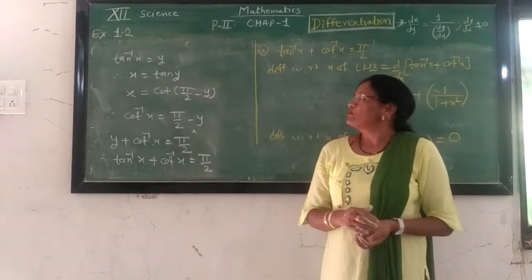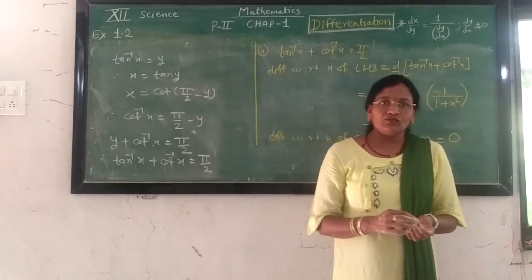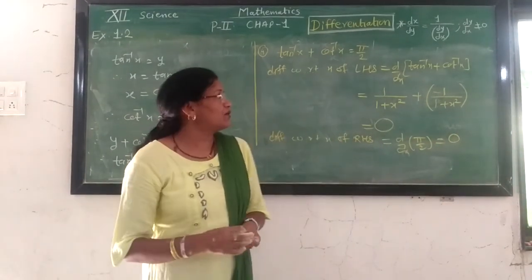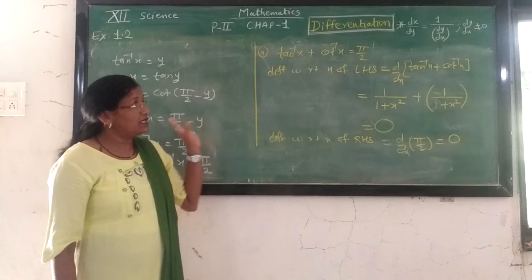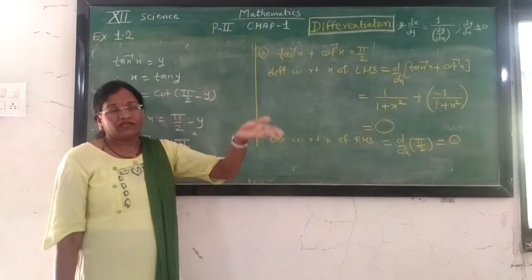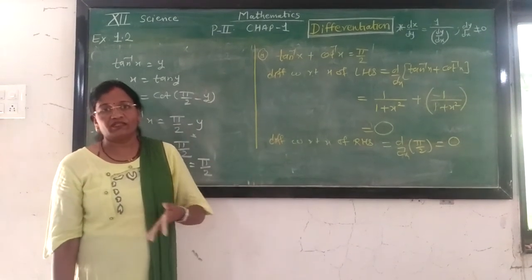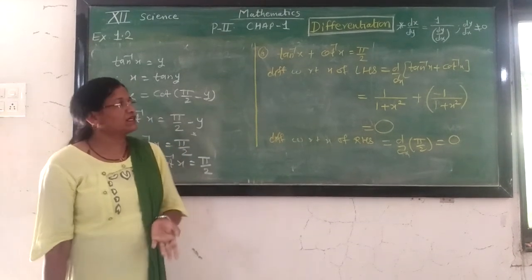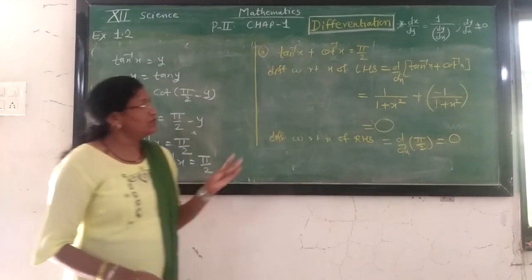So this topic is over for 1.2 up to the first 5 examples, which depend on inverse algebraic function. Now from example number 6, all examples depend on trigonometric function. So we start that topic tomorrow, and therefore up to this.